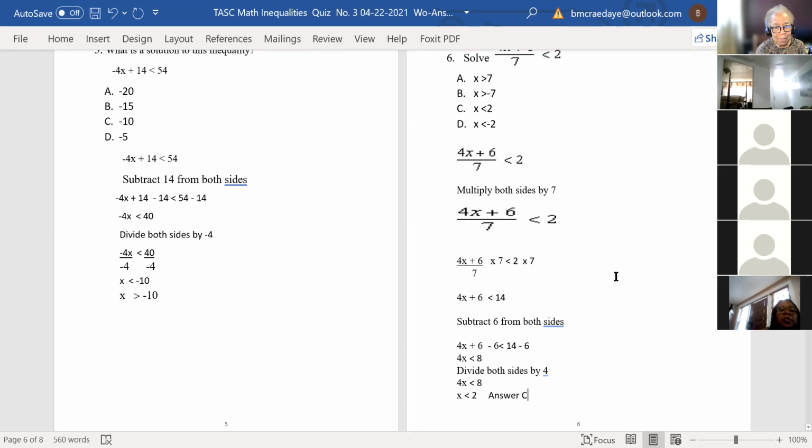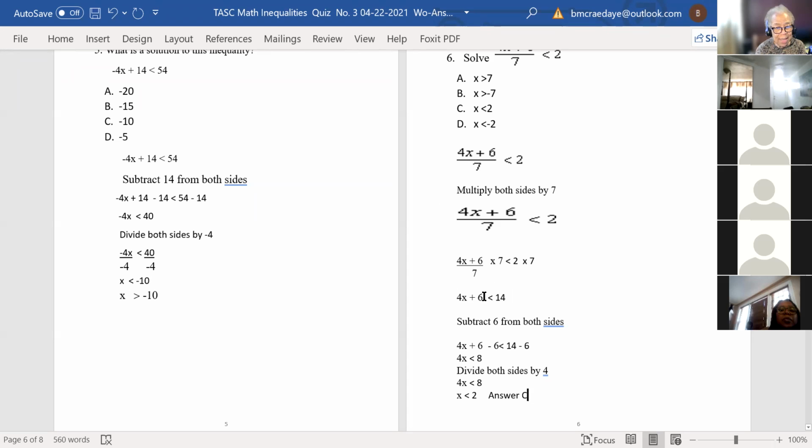So it's really 3 steps here, right? First, you see a division, so you do a multiplication.